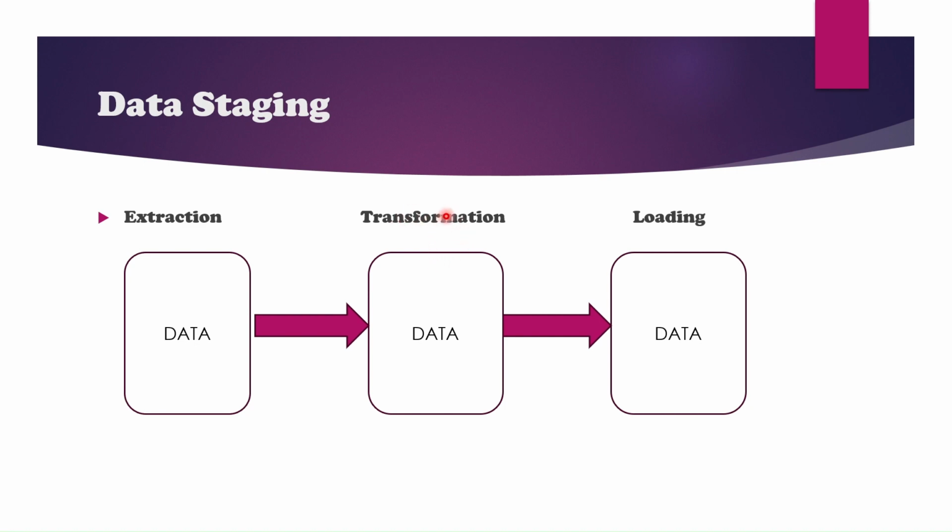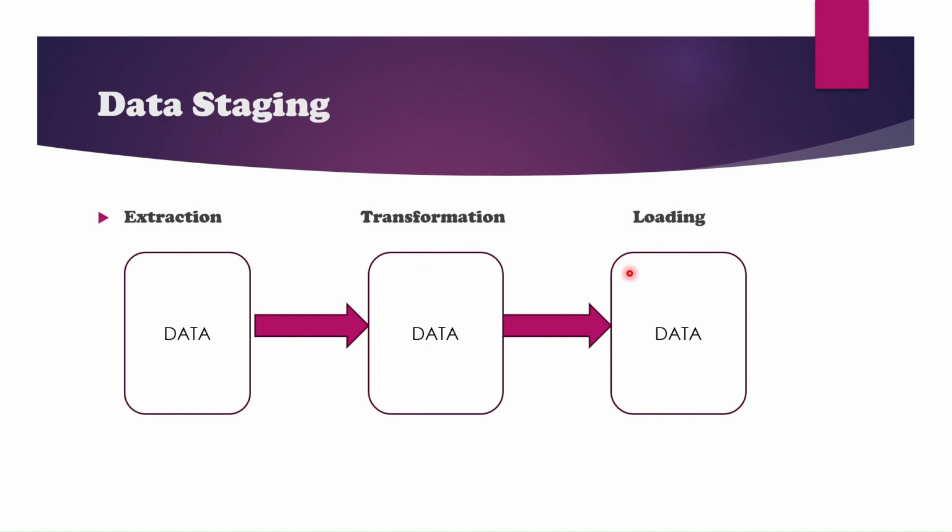Everything we check in the transformations. Only in a standardized format will the data be moved to loading. Loading means into the data warehouse. So this way the data is moving: extraction, transformation and loading.